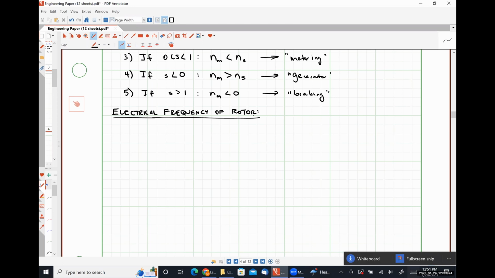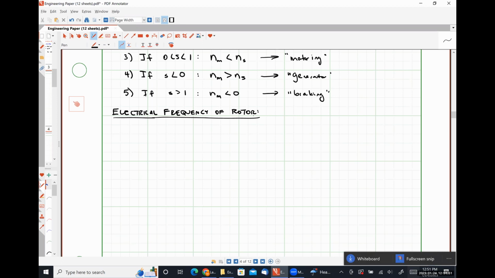Because the rotor spins at a different speed than the stator's field, the induced voltages and currents on the rotor will be at a different frequency than the stator, okay? And the thing that relates the electrical frequency of the rotor and the electrical frequency of the stator is the slip.